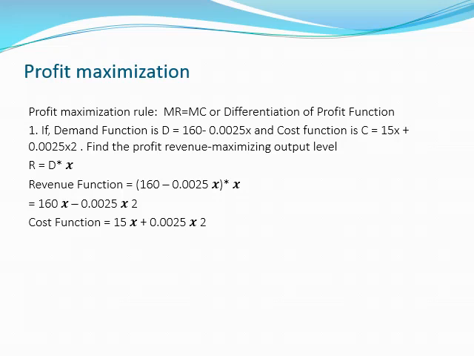R equals D times x. The revenue function equals 160 minus 0.25x multiplied by x, which equals 160x minus 0.25x power 2. The cost function equals 15x plus 0.25x power 2.